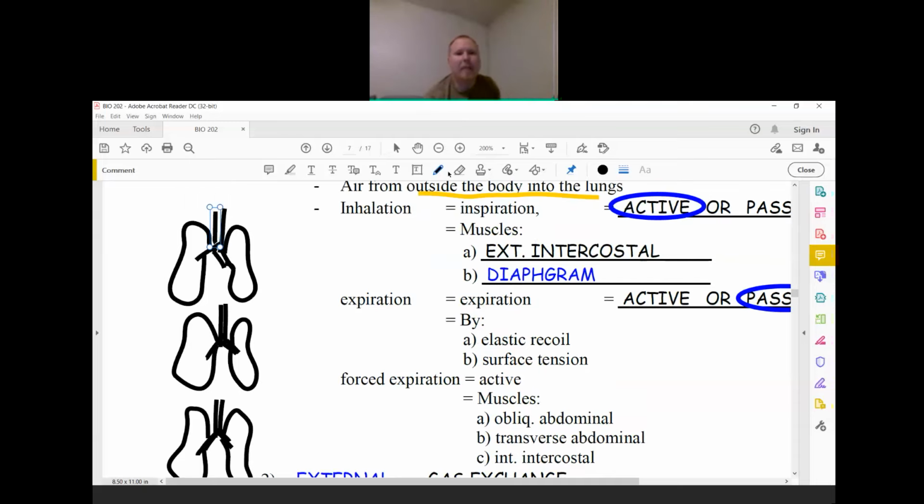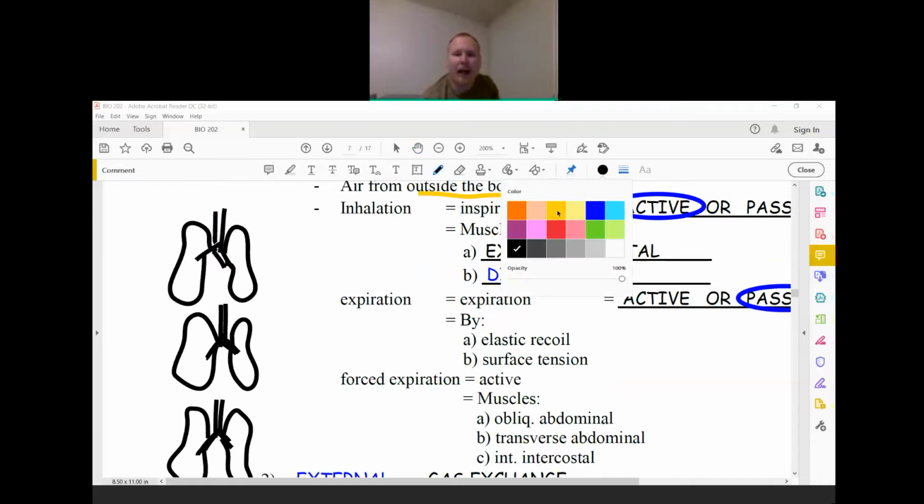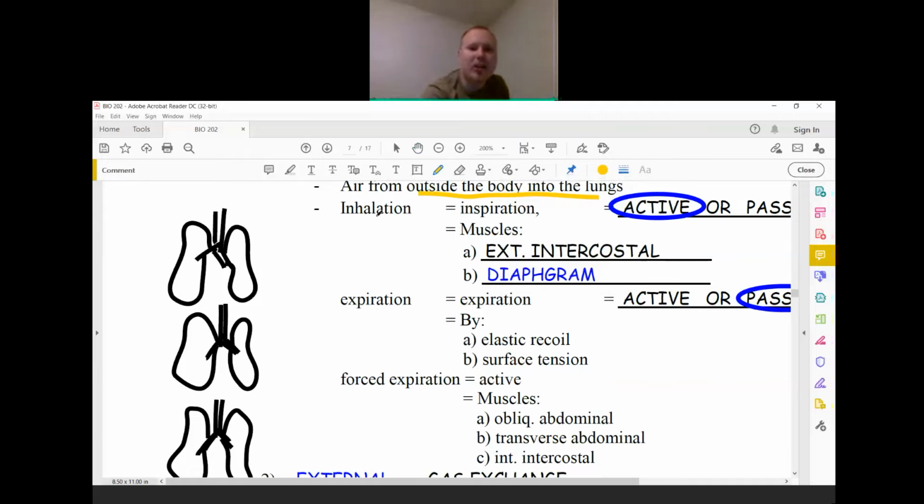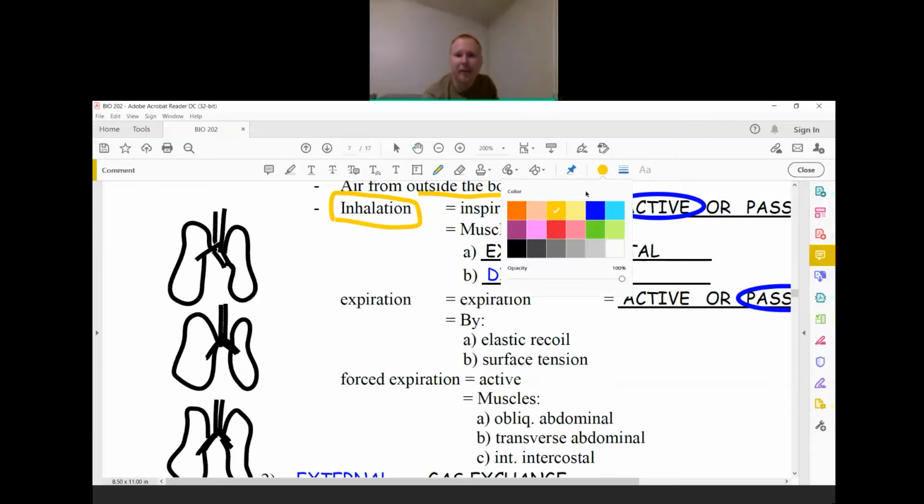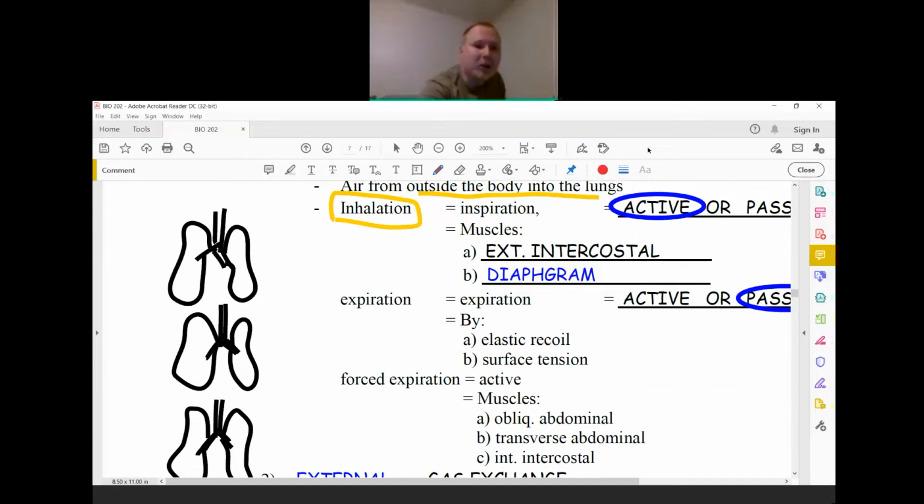So let's start by talking about the process of inhalation. So, breathing in. What happens in inhalation? When we are breathing in, we have to actively work. We have to put in effort for that to happen. And when we're breathing in, there are muscles known as the external intercostals, the muscles between the ribs, that play a role.